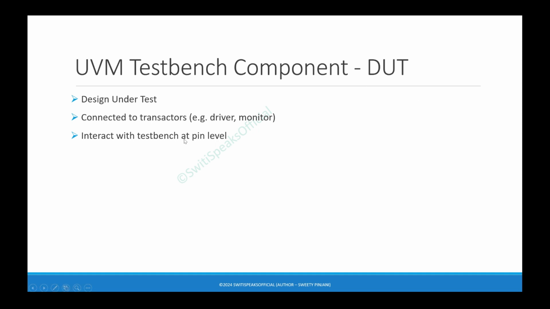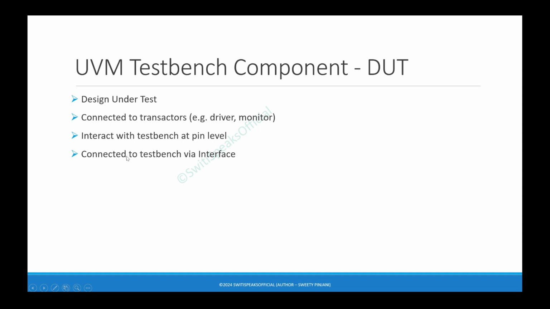Similarly, monitor is receiving the signal level information from DUT and converting it into the transaction level which is used by UVM components like scoreboard. So finally, your design under test is interacting with test bench at pin level or signal level only, and later on we are converting it into the transaction level.